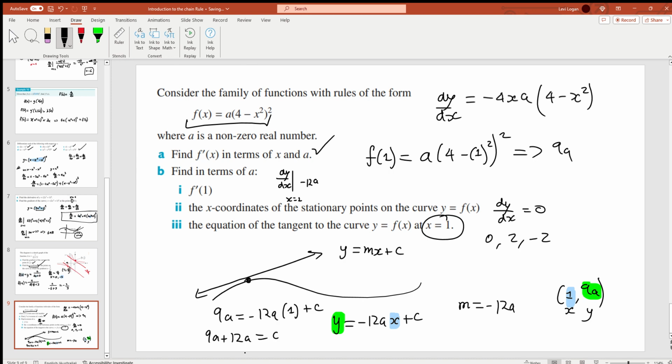So I'm going to have, what is that? I think that's 21. So 21a equals c. So the equation of my tangent is going to be, let's rub this stuff out so I have a bit of room. y equals minus 12ax plus 21a, and that's it.